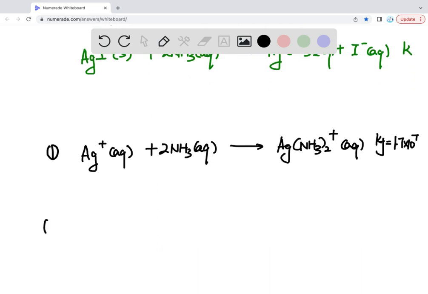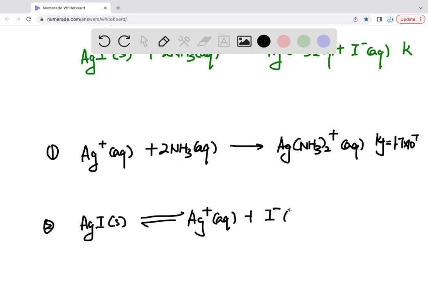And equation 2 is the dissolving of the silver iodide. It dissolves into silver ions and then the iodide ions. And of course, it gives a Ksp, which is a tiny number as we have mentioned here.